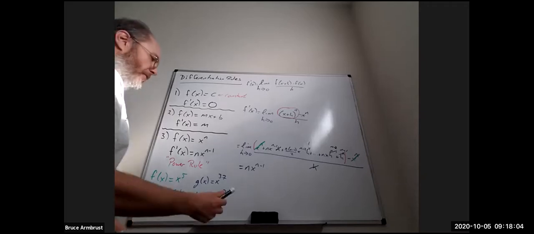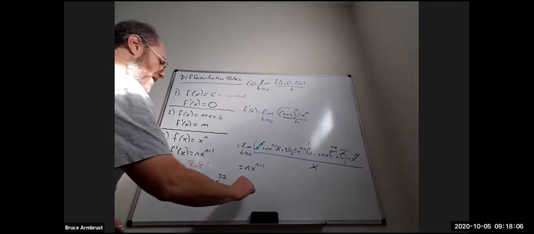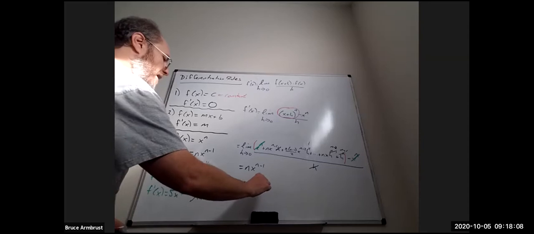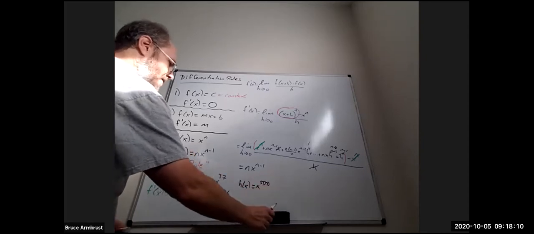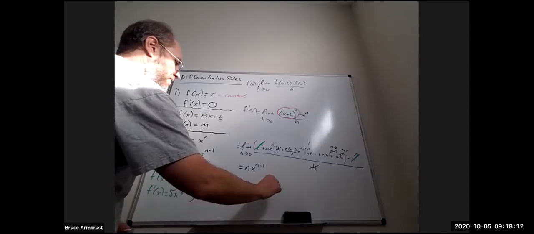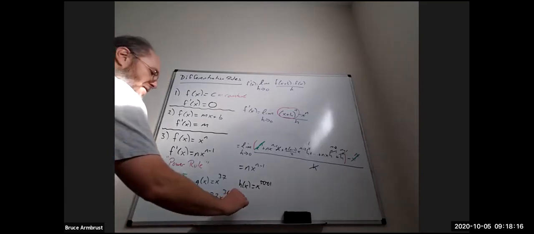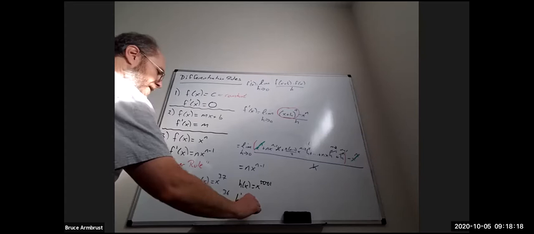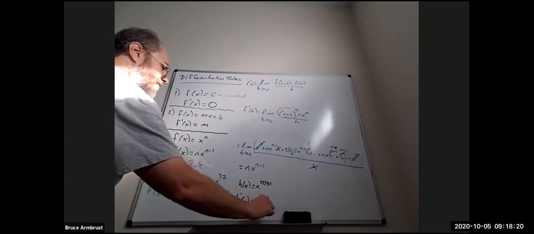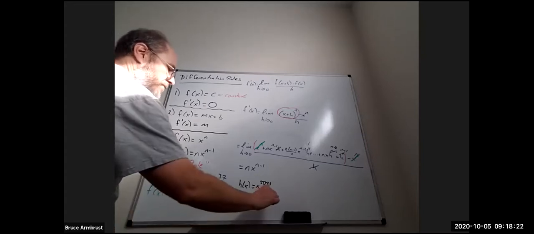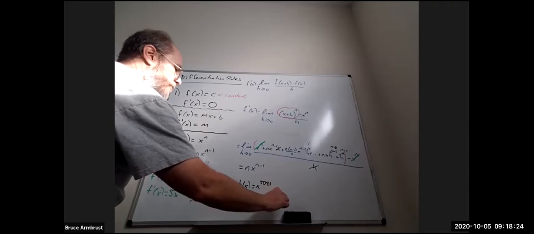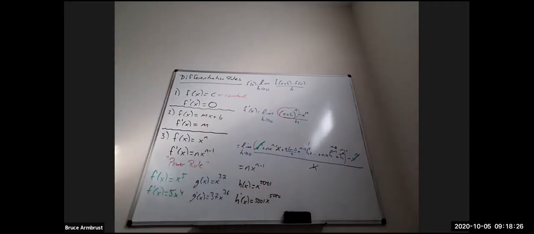Here's one more. What if we have h of x equals x to the 5001? All right, so h prime of x is going to be 5001x, and then I decrease the exponent by 1. So I get 5001x to the 5000.